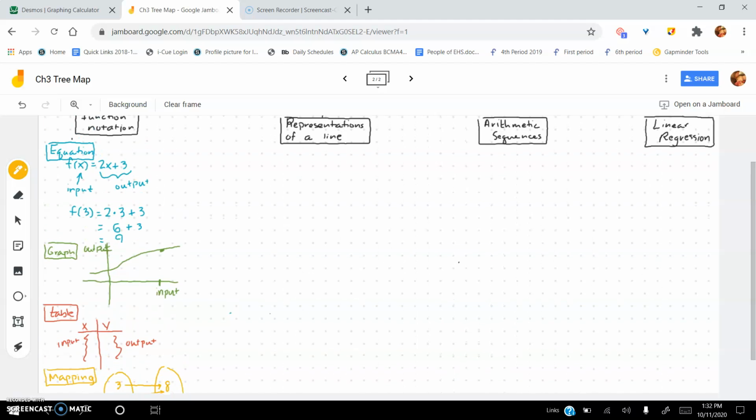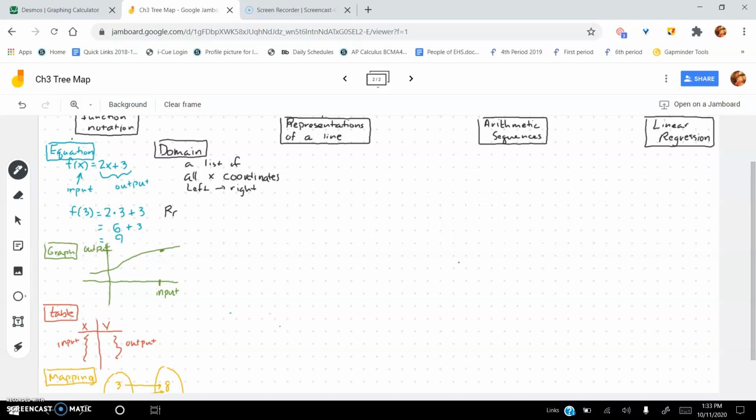All right. With function notation, we also talked about domain and range. And domain is going to be all of the x-coordinates, and in order to make sure you're putting your domain in the correct order, you go from smallest to biggest, so you go from left to right.